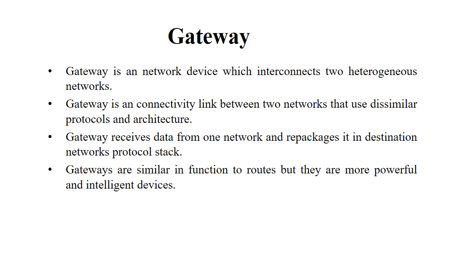Gateways are similar in fashion to routers, but they are more powerful and intelligent devices. So a gateway is the connection between two different networks. It is also an important component of a computer network.